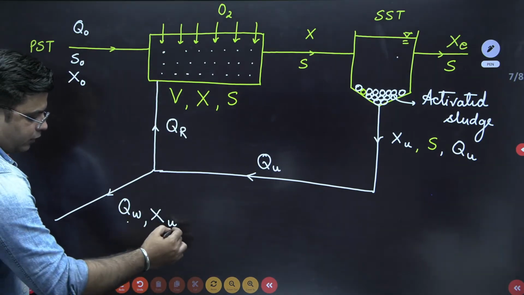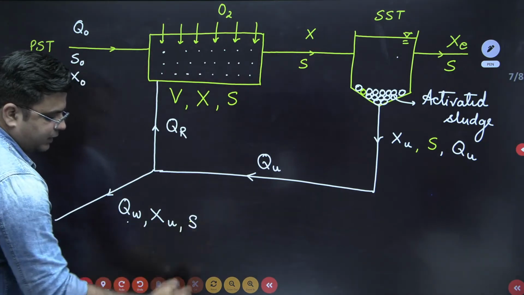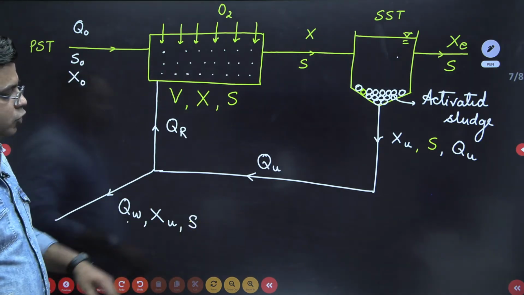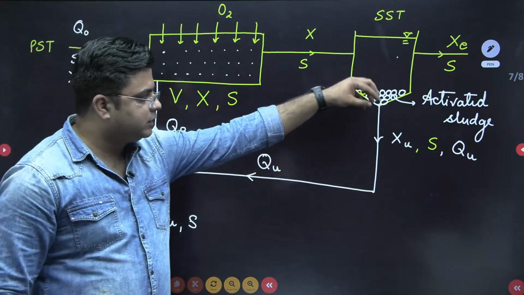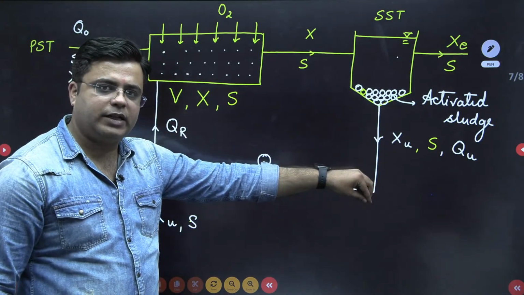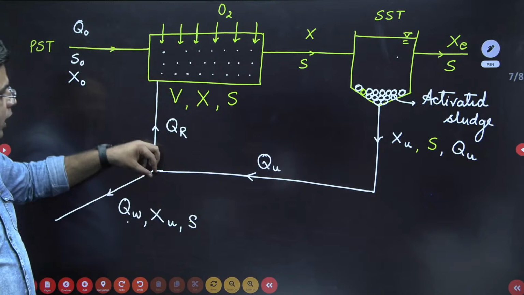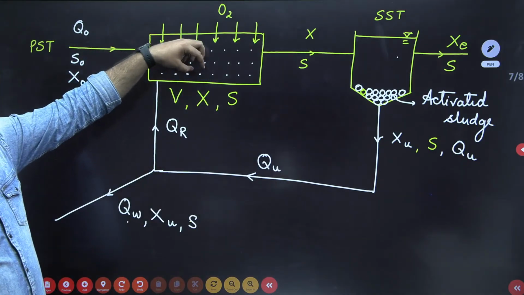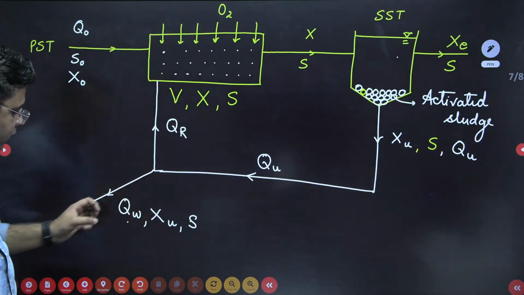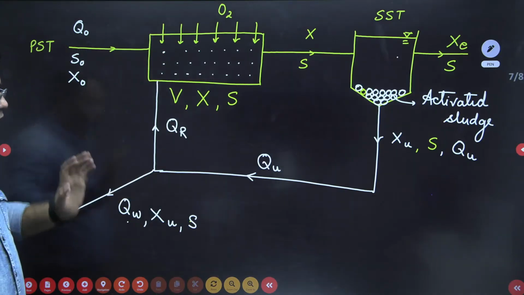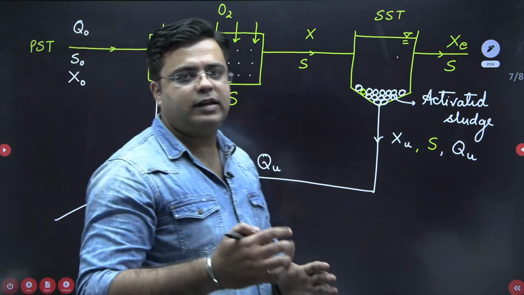The BOD of this wasted sludge discharge is S. So QU is the sludge discharge taken from the secondary sedimentation tank. Out of it, QR amount of discharge is recirculated back, and QW amount of discharge is wasted out, or taken to the sludge drying beds.